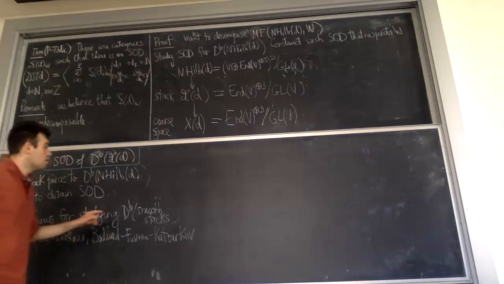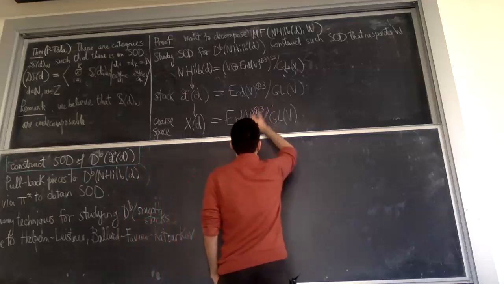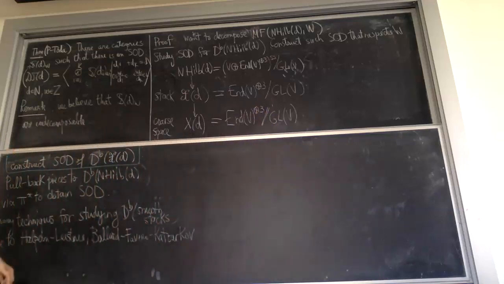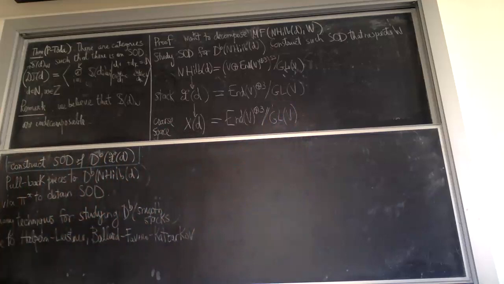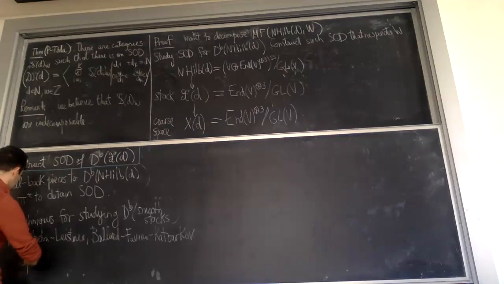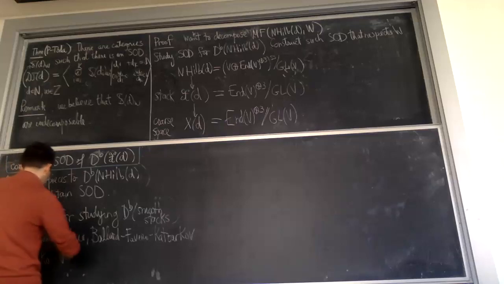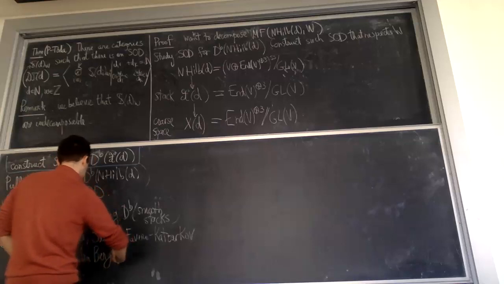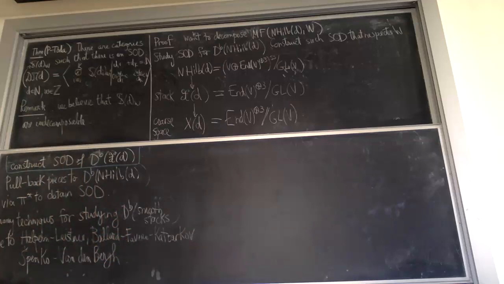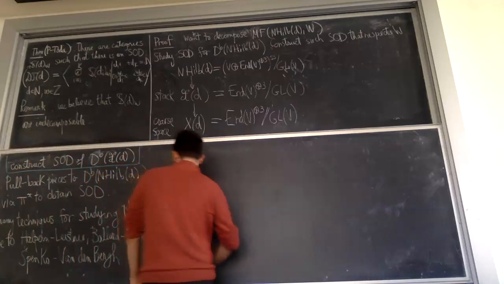So one problem here is that there are two possible linearizations, determinant and inverse of the determinant, but the semi-stable points for both of them will be the full affine space. But in any case, one can still use their techniques, and actually authors who studied this before and have many results in this direction are Špenko-Van den Bergh. So that is study decompositions for smooth stacks, but beyond the stability situation.